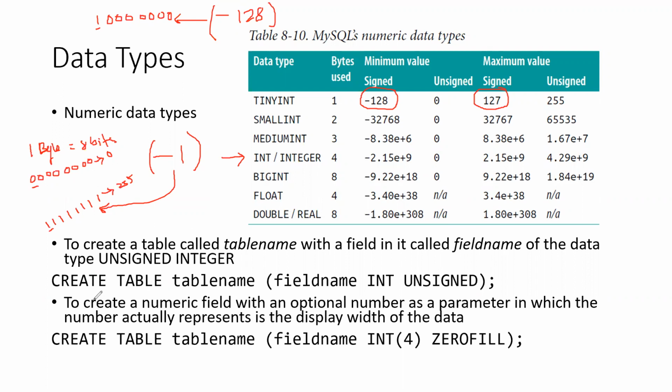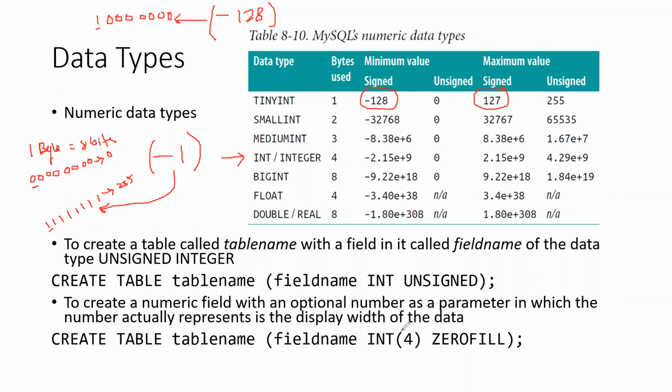Okay, so let's go to the database part of it. Let's say we want to create a table with a field named integer, and sign. If you know exactly that you need positive values, you can go for unsigned. Sometimes you can put brackets and a value.